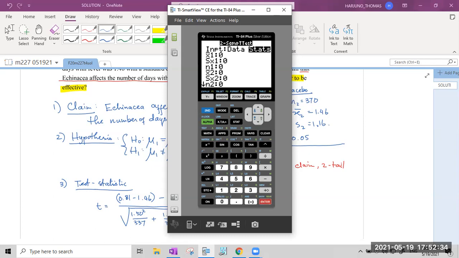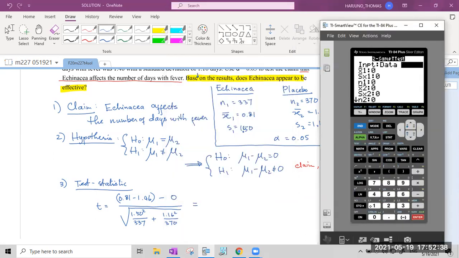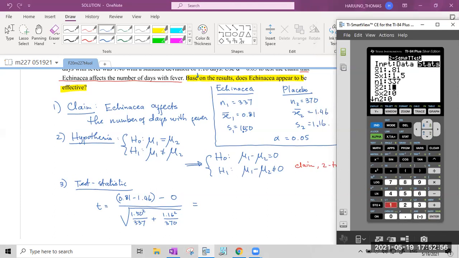Now I will input the statistics. The x1 bar is 0.81. The sample standard deviation for the first group is 1.5. Sample size 337. X2 bar is 1.46. The standard deviation is 1.16.